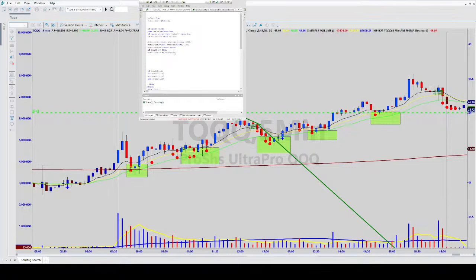Then value 3 over range has got to be less than 0.5.